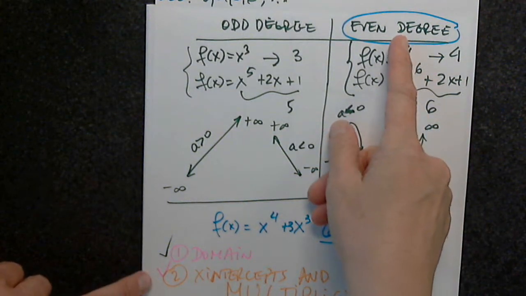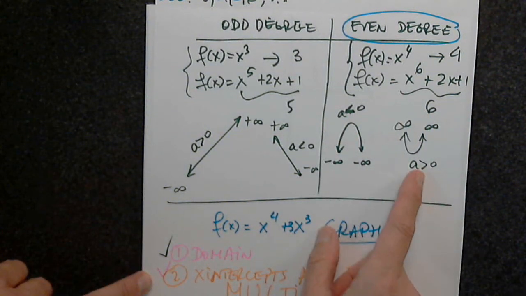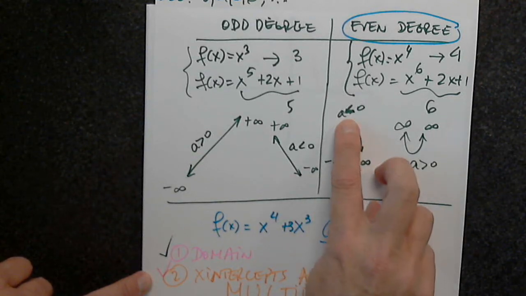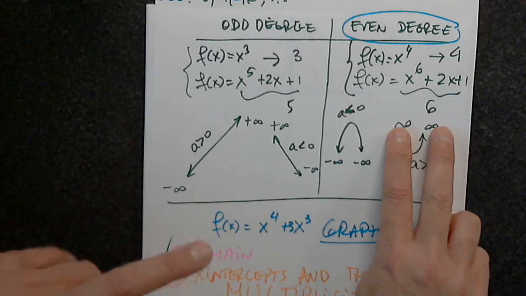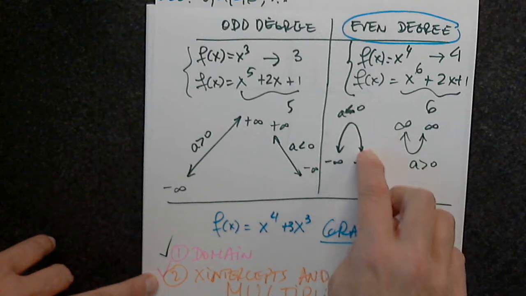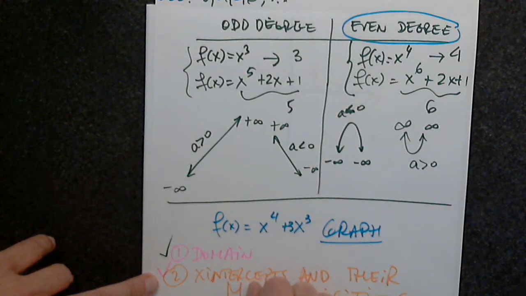Any even degree is compared to this or this. If it's coming from below and going back, the leading coefficient must be negative. If it's coming from above and going back, the leading coefficient must be positive. This is positive x squared and this is negative x squared. Better?